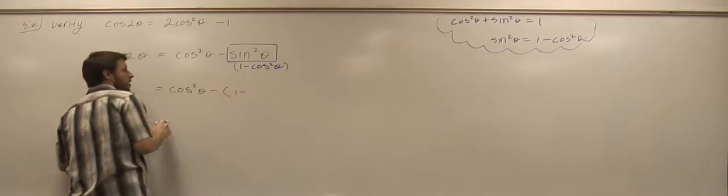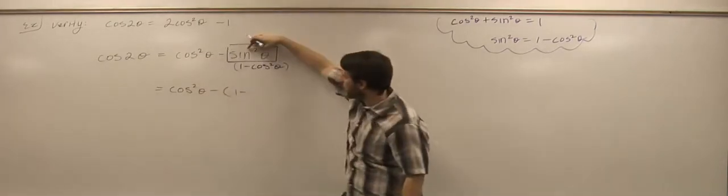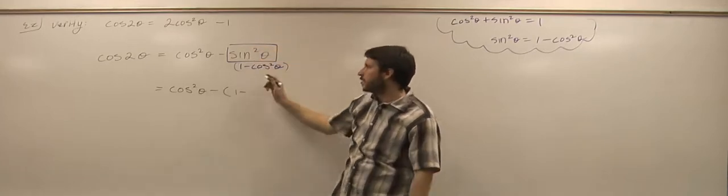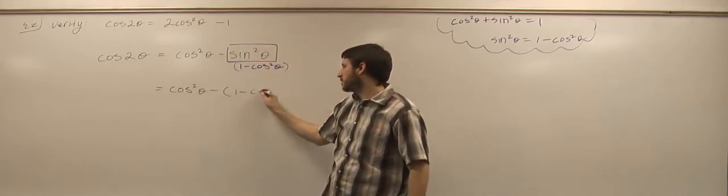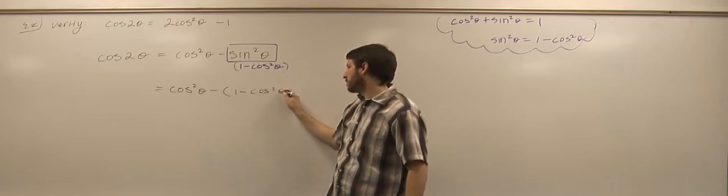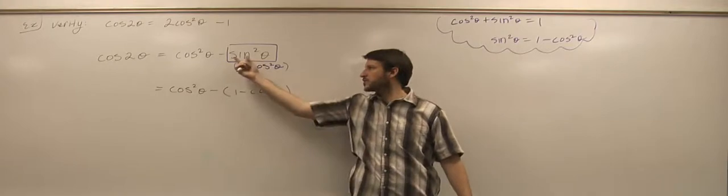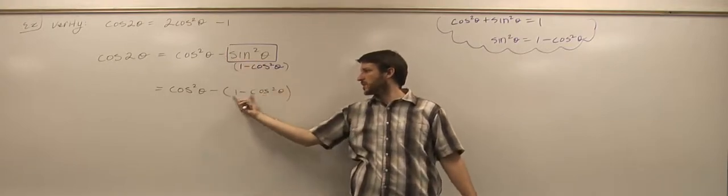Now be careful, since you're replacing the entire quantity sine squared with the entire quantity 1 minus cos squared, you want parentheses. The whole sine squared was negative, so this whole expression should be negative.